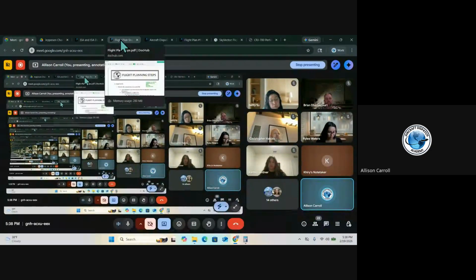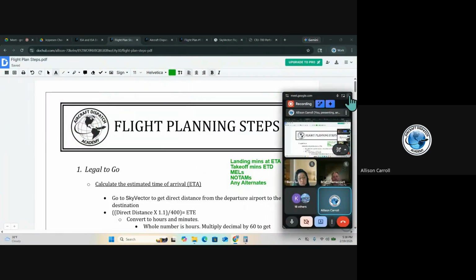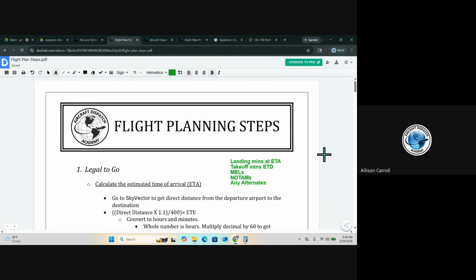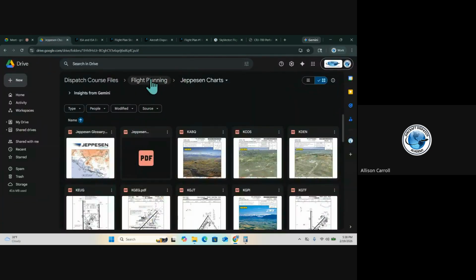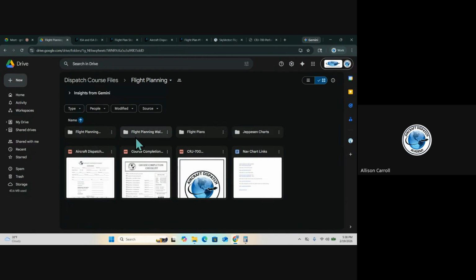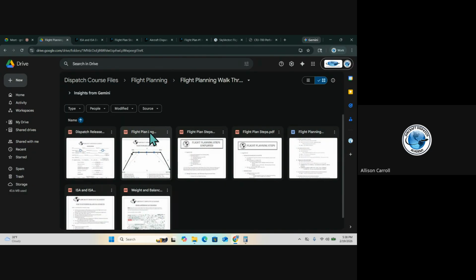Okay, coming back to the flight planning steps. Just a reminder, you can find this guide in the drive under the flight planning folder, under the walkthrough folder, the second one right here, flight planning walkthroughs.